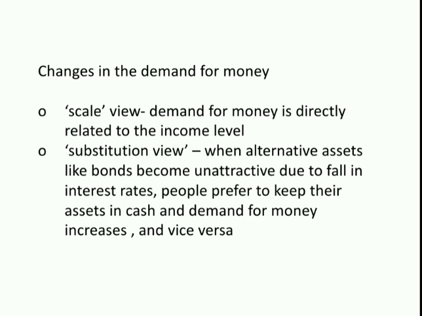Second, substitution view, according to which when alternative assets like bonds become unattractive due to fall in the interest rates, people prefer to keep their assets in cash and demand for money increases, and vice versa. Scale and substitution view together explain the nature of demand for money, that is transactions, precautionary and speculative demand.